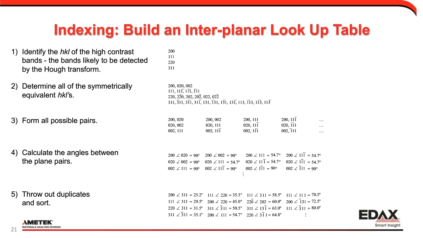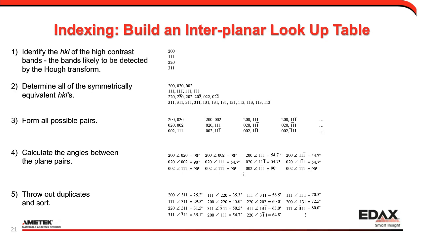The software uses the crystallographic information to determine all the equivalent HKLs, or equivalent planes. We then form all the possible pairs between these planes, and it calculates the angle between all these planar pairs. Then we put that into a table, throw out duplicates, and sort by angle. So we have this lookup table now.